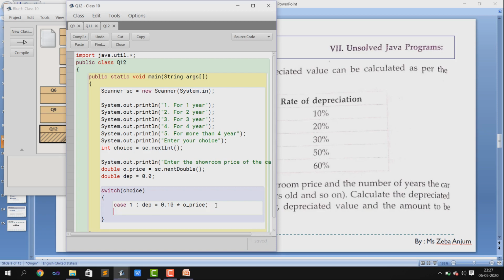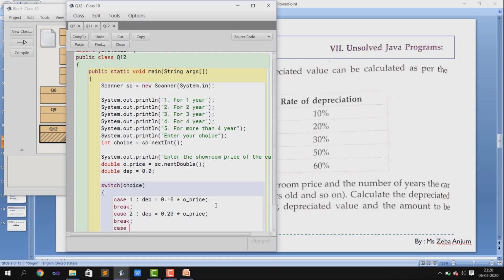Now again you will be using a break statement. Now case 2 we have to start, for using the car for 2 years. The depreciation rate is 20%, so DEP equals 0.20 multiplied by original price. Again break. Then case 3: depreciation equals 0.30 multiplied by original price.